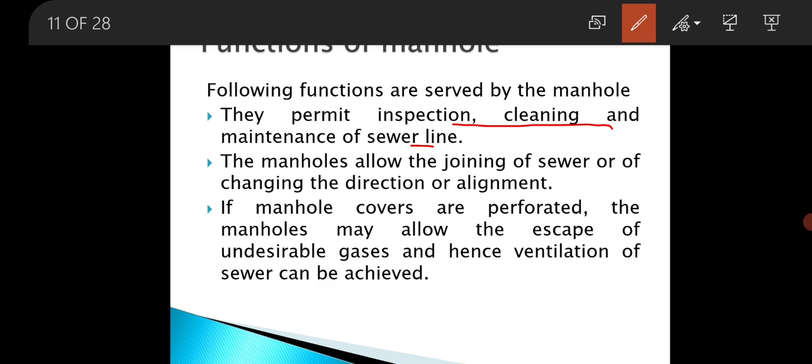Then the manhole allows the joining of sewers or changing the direction or alignment. Sometimes the manhole also receives the contribution of sewage from sewers of various sizes.